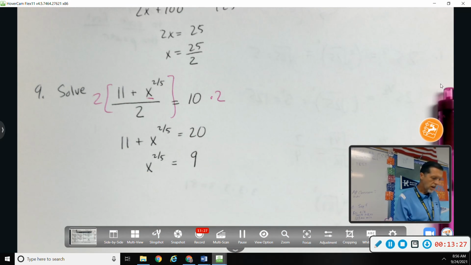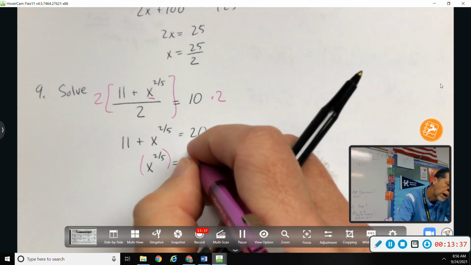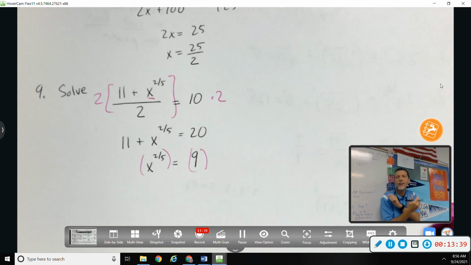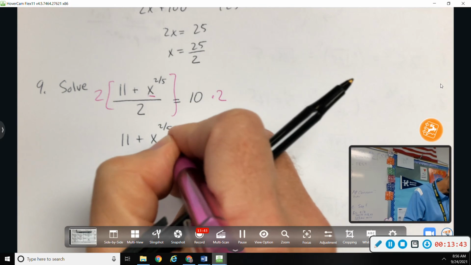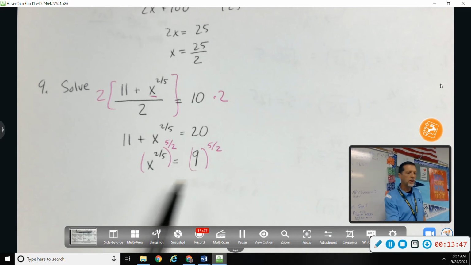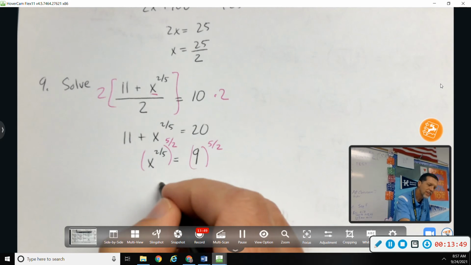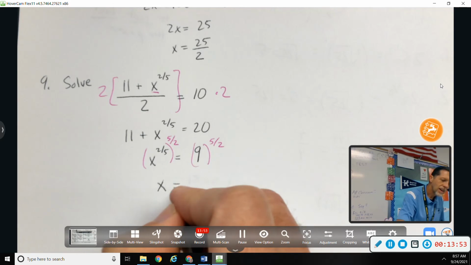And then how do I do a 2/5 power? What power would counteract 2/5? Because they multiply, 5/2 is what we want. Because what's 2/5 times 5/2? 1. And then 9 to the 5/2.